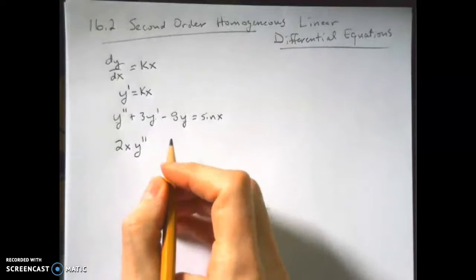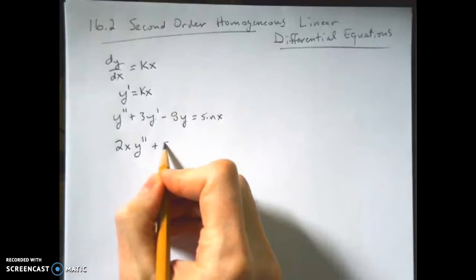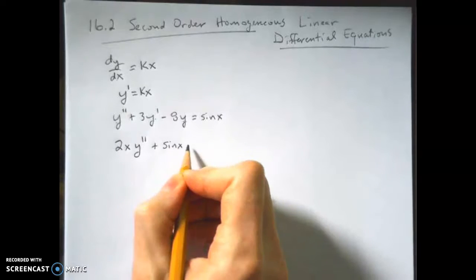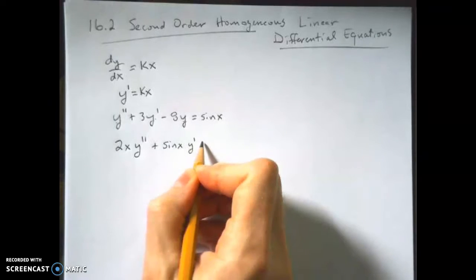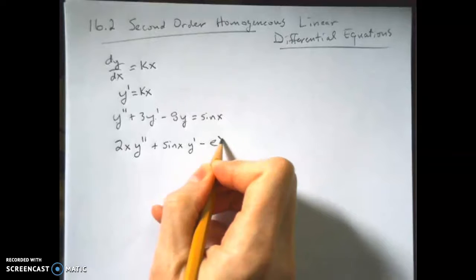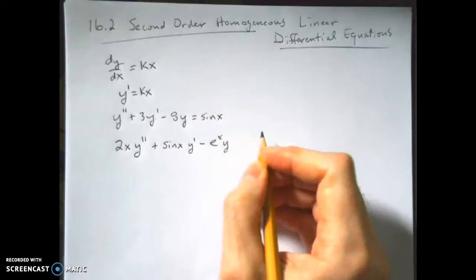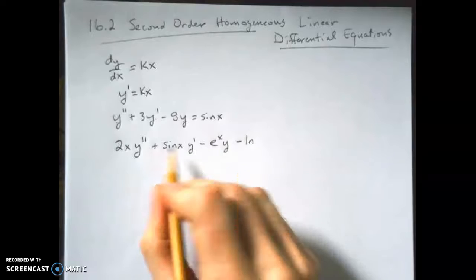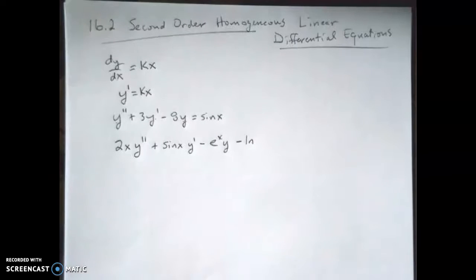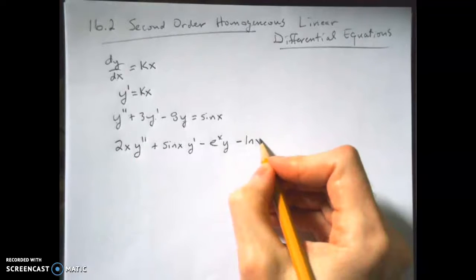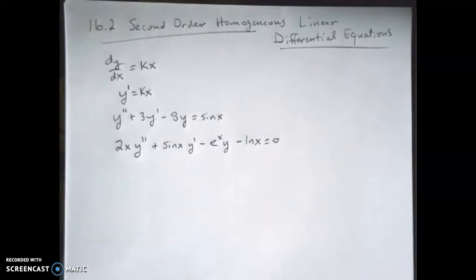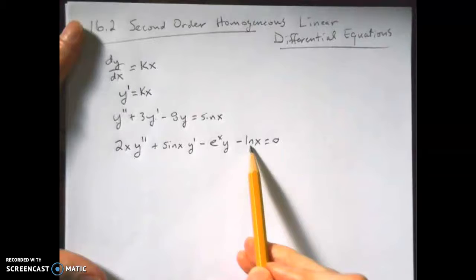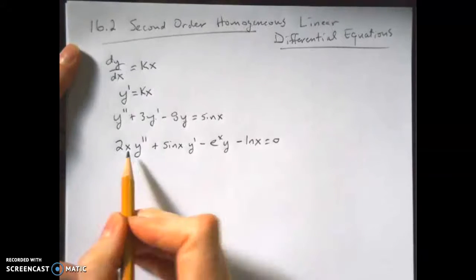So plus, you could have something like sine of x in front of your y prime, and then minus e to the x y. And then you could simply have another function that doesn't have a y prime, y double prime, or y triple prime. It could be third order or fourth order. Second order here because it has a second derivative, equal to 0.